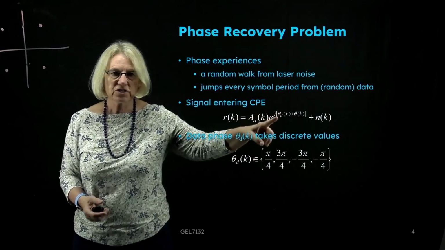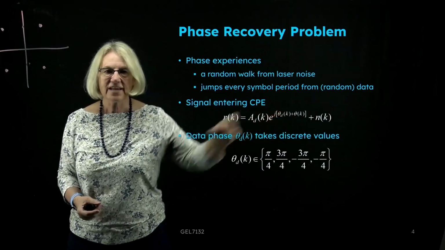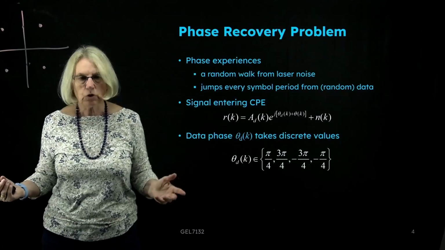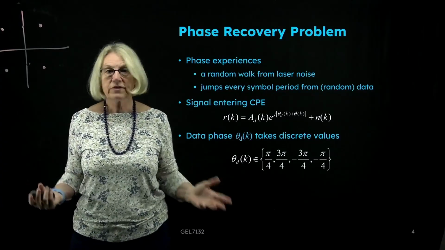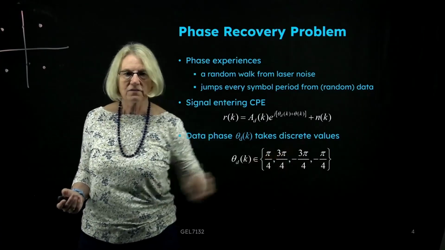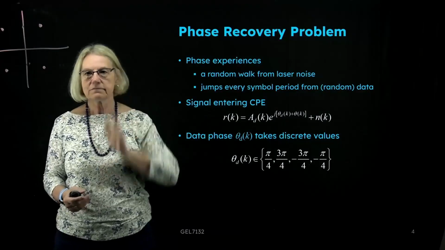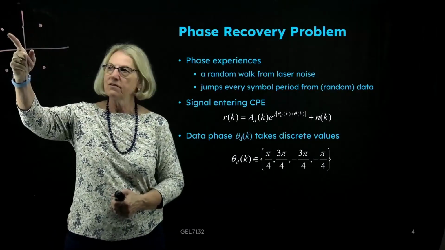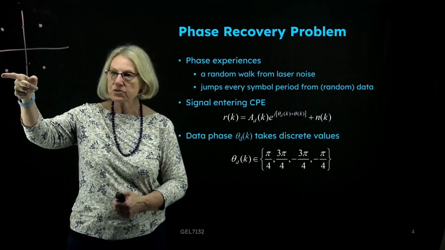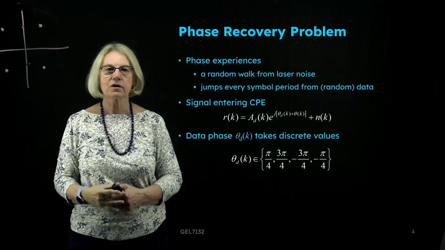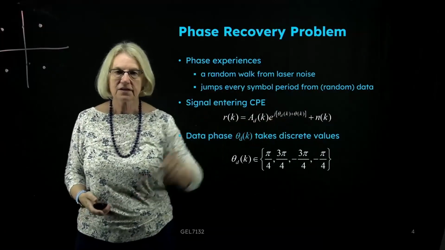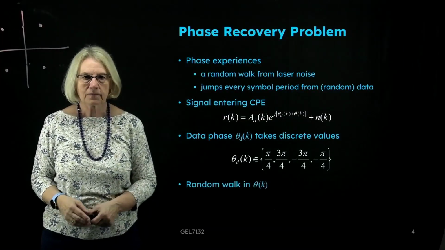So this part, which is the data phase angle, let's take the example of QPSK. It takes discrete values. There's 4 values that it might take: pi over 4, 3 pi over 4, minus 3 pi over 4, minus pi over 4. So these are the 4 possibilities for this data signal.